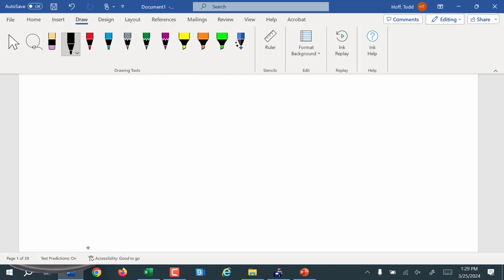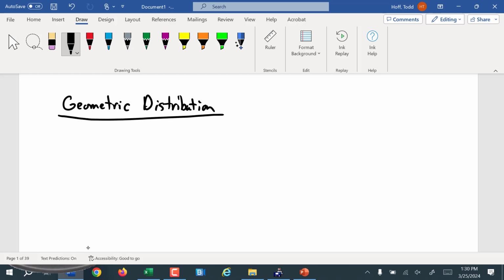I had mentioned a couple other distributions, so let's take a look at those. Let's look at geometric distribution here. Now, at this point, this is strictly for your information. This will not be in the homework for week 16. But a geometric distribution is the probability that you'll get the first success on a given trial.